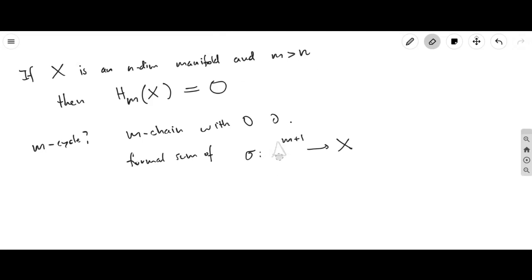And somehow you have to show that if you have an m-cycle consisting of these, then you can find something of one higher dimension whose boundary will give you that chain. That is by no means obvious. Okay, so this result is true, but it does not follow directly from the definitions.